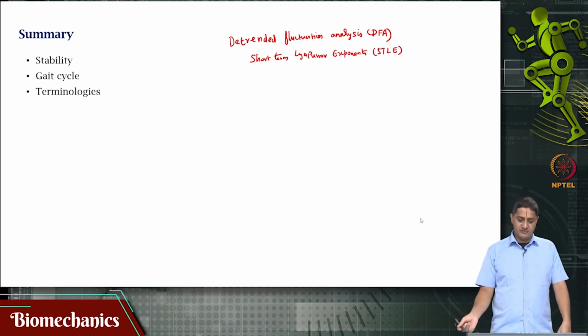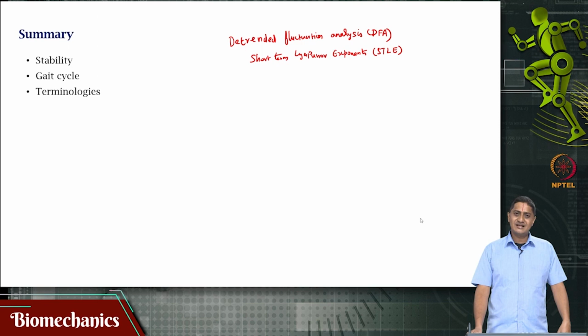So, people have used these short term Lyapunov exponents to determine how many steps are affected by the current step, or rather the past how many steps are affecting your current step, right. So, there are these kind of time series based analyses that could also help us classify healthy gait and pathological gait. I am not going into the details of these, but do check this out, right.